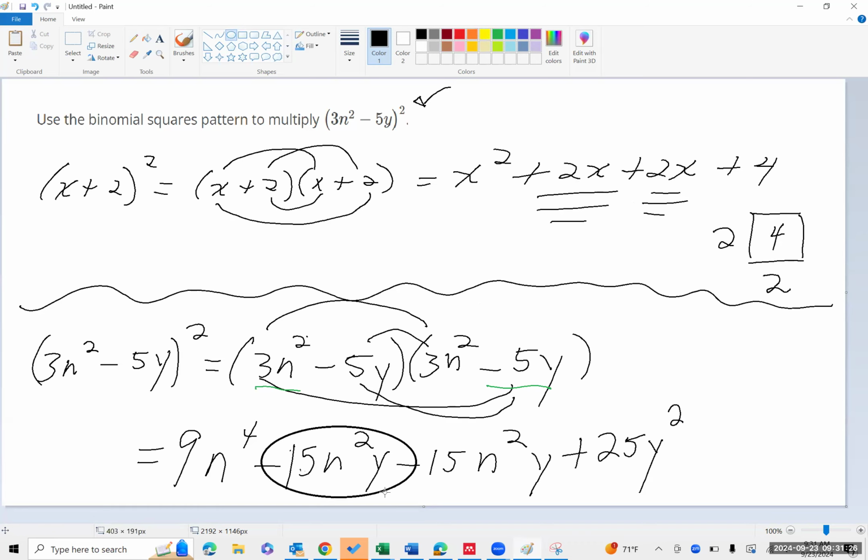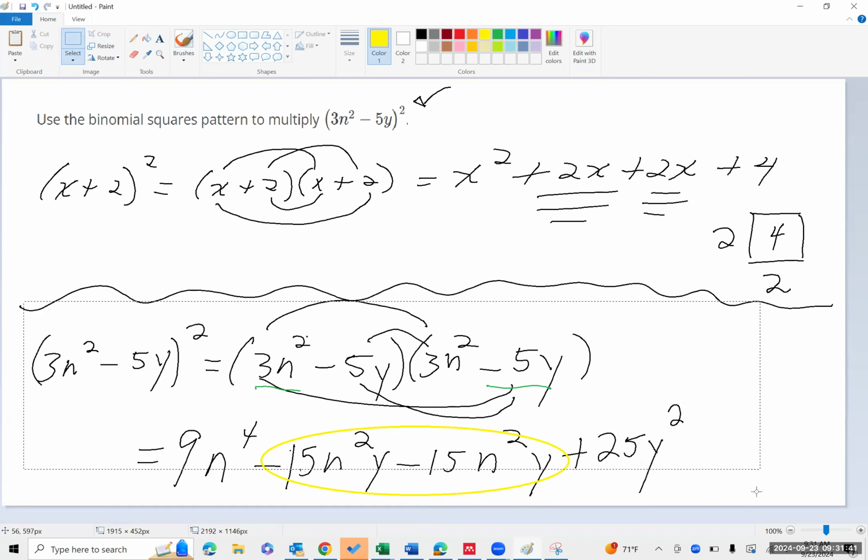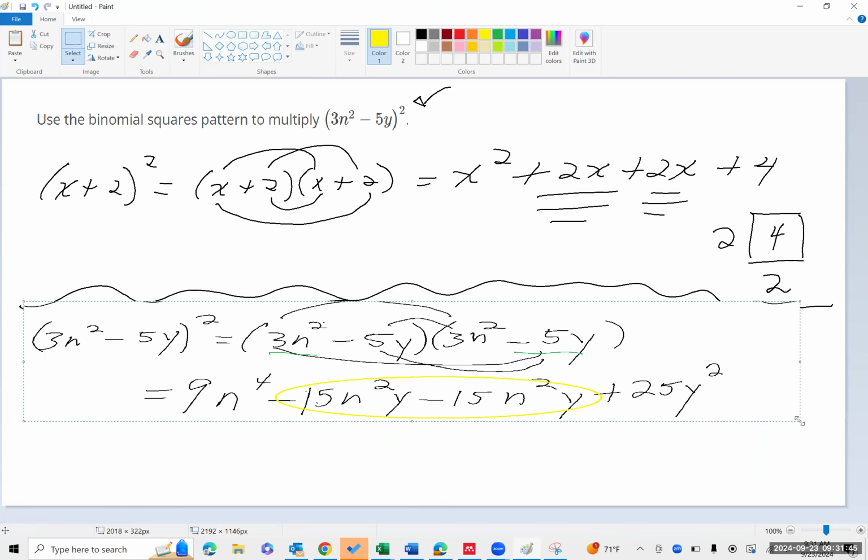Now, what we need to do is combine the middle terms. So let me, just for the sake of making space, I'm gonna reduce this a little bit.